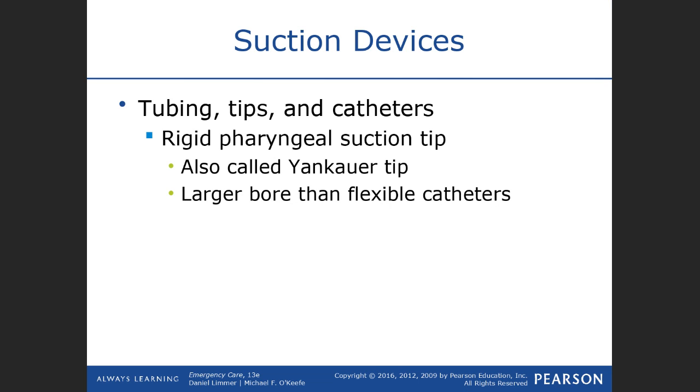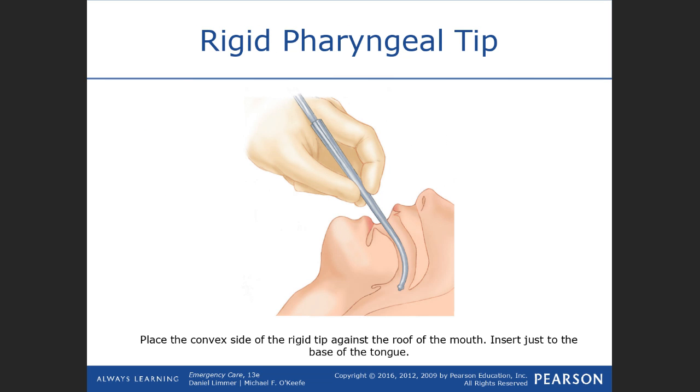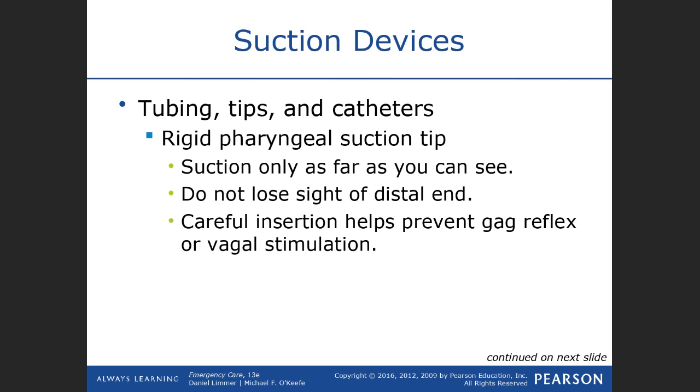For tubing, tips and catheters, the rigid pharyngeal suction tip, that's a Yankauer tip, is a large bore, larger than flexible catheters. So the Yankauer tip is used when there's a large amount of secretions coming out of the patient's mouth. That's what that looks like.